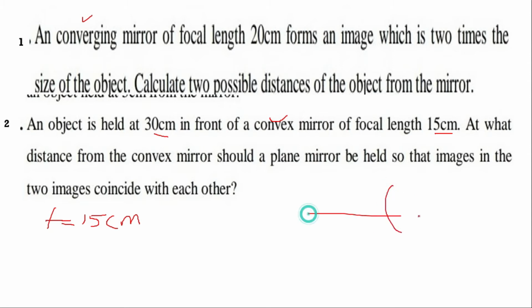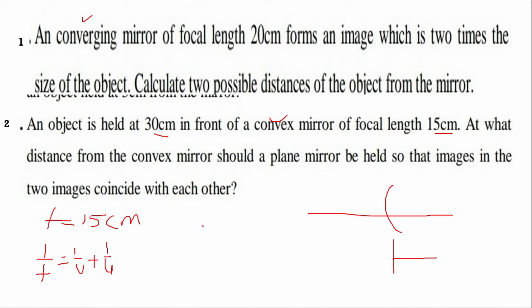It is a convex mirror, so the image will be inside, that means behind the mirror, and with a plane mirror, in this way also the image will be at the back side of the mirror. Okay, so first of all I want to find out the position of the image for this convex mirror. So we'll write 1 by f equals 1 by v plus 1 by u.